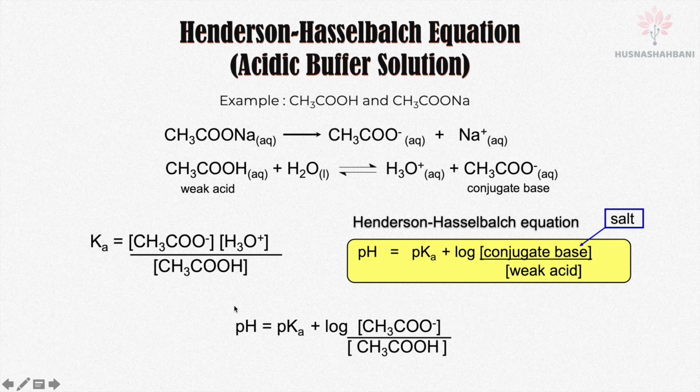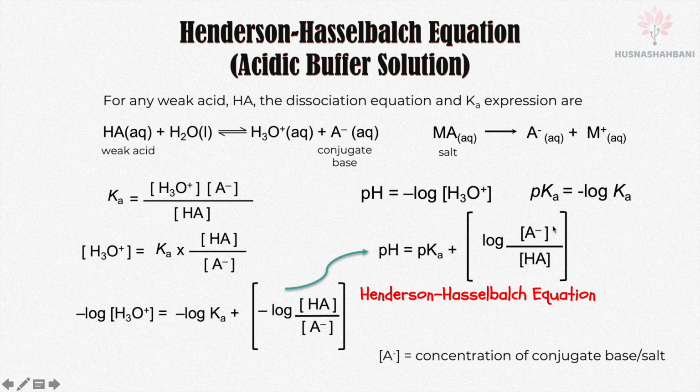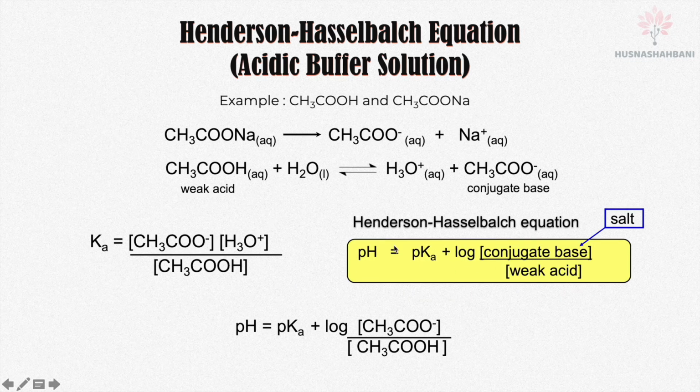And then, as I've shown before, the Henderson-Hasselbalch equation is pH equals pKa plus log of conjugate base over weak acid. Conjugate base or salt over weak acid. So this is the equation.